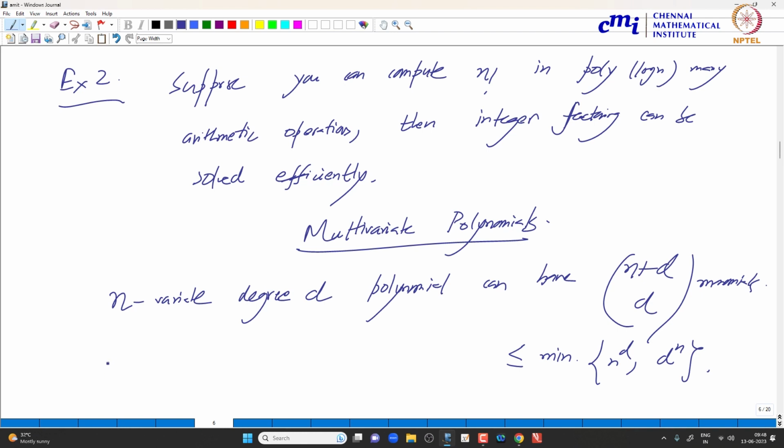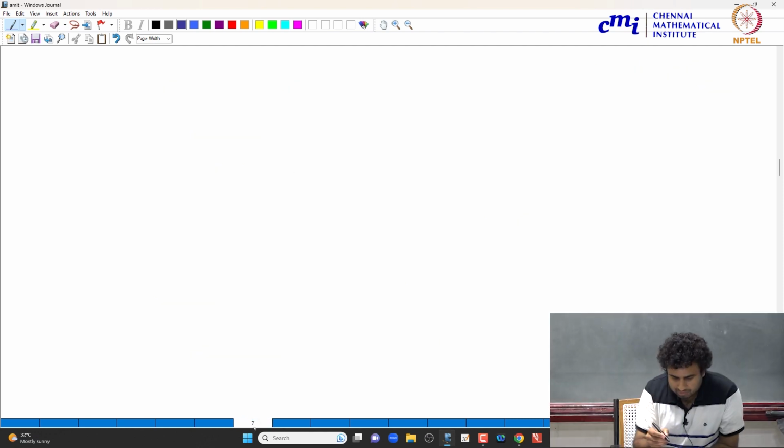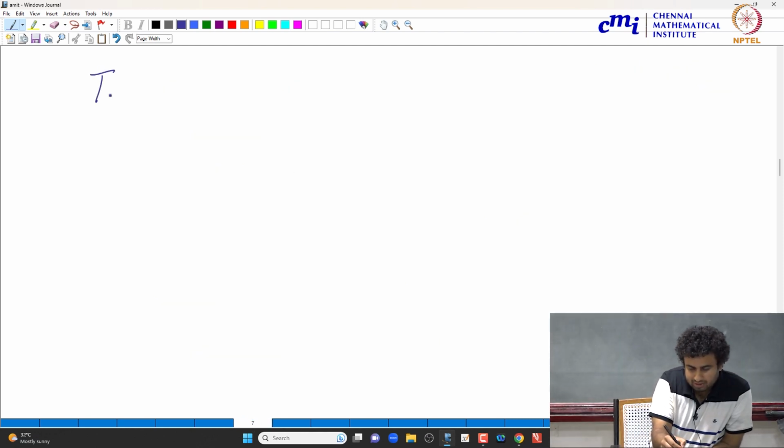If you want to encode this as an array of all possible monomials, ordered in some order, say lexicographic order, and then put the coefficients, that will be a too large expression. So a better way to represent polynomials is possibly via trees.